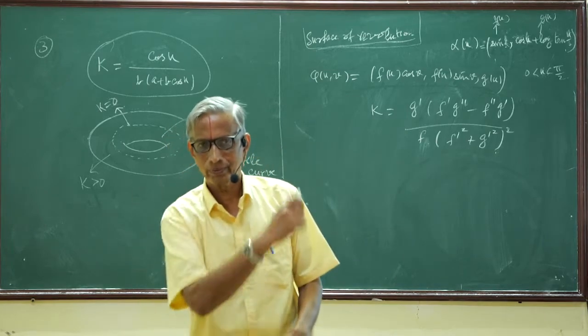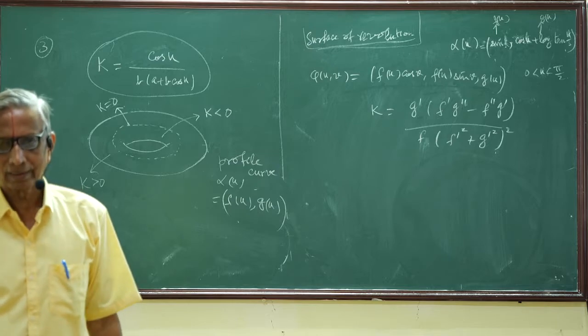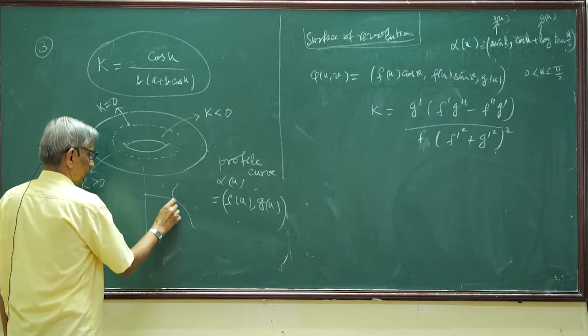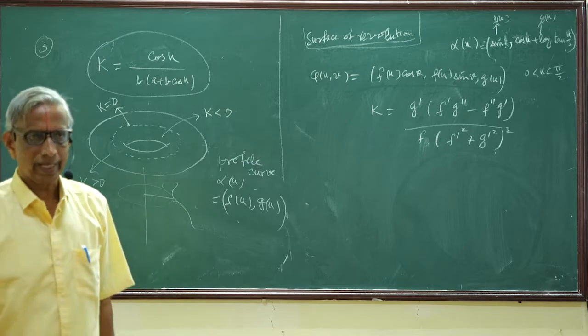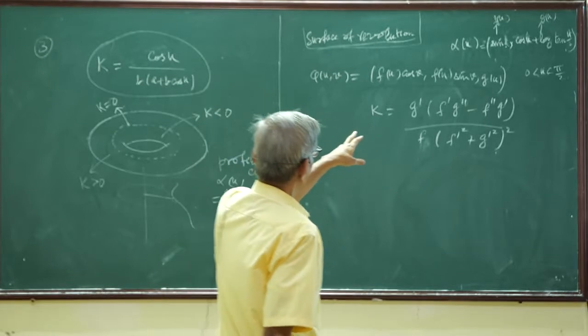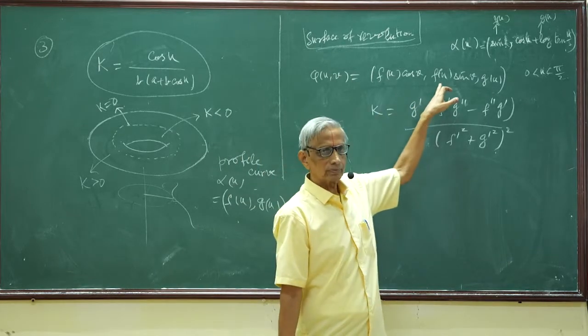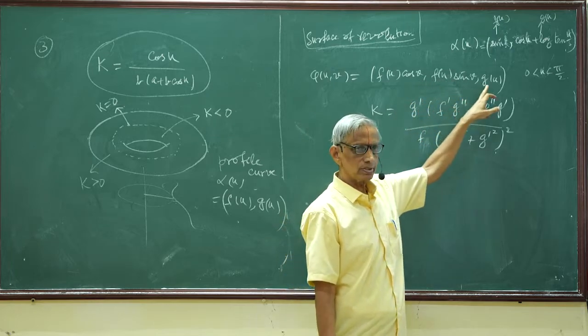Each point is going to give you a circle, right? Whenever you have a curve and rotate about this, each point here is going to describe a circle with center on the z-axis. So you will get the parametric equation of the surface in this form: f(u) cos v, f(u) sin v, g(u).